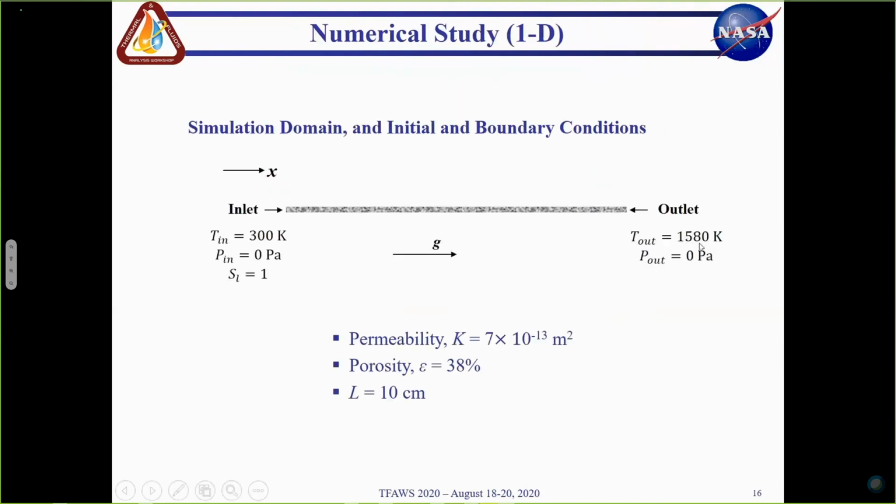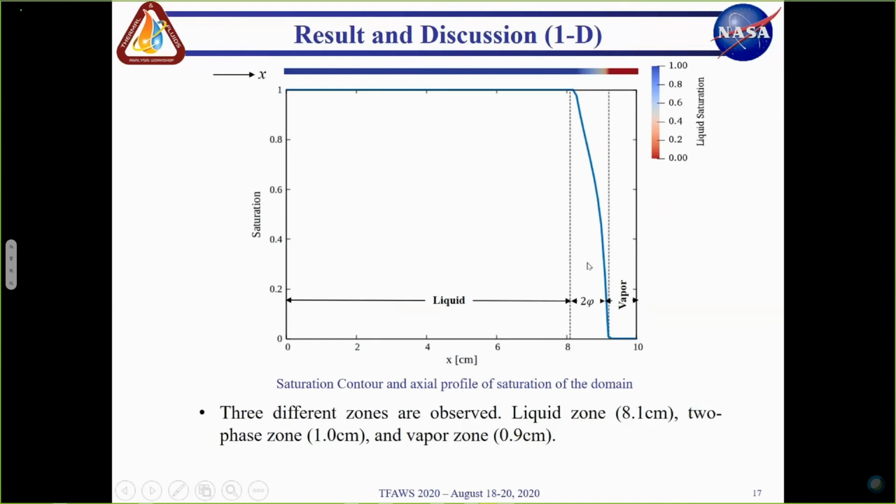So that's why I think this value of the vapor thickness is reasonable. Also, we have our outlet temperature fixed at 1580 Kelvin, which is way more than the saturation temperature. So that's why this is a reasonable length for vapor.